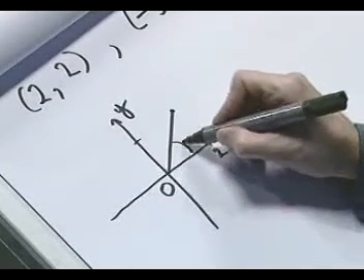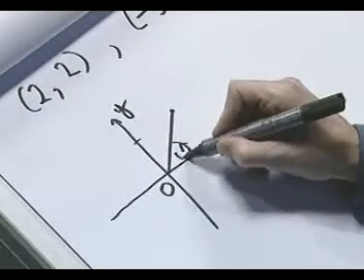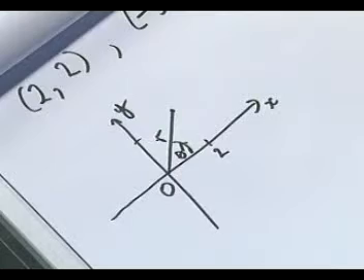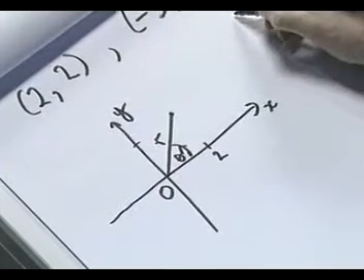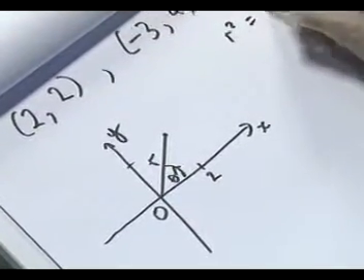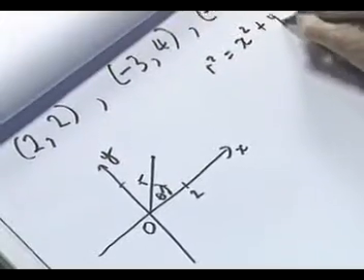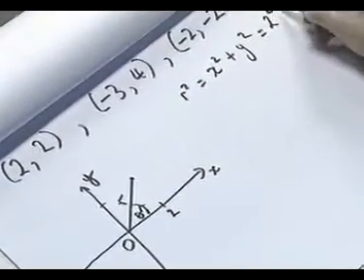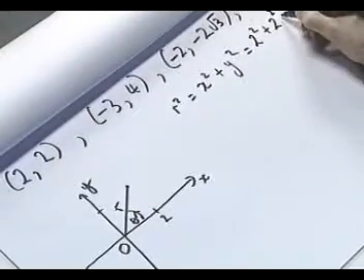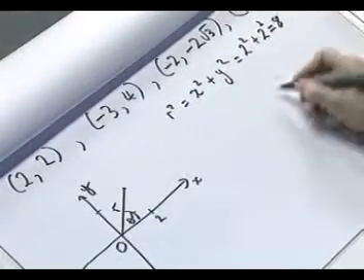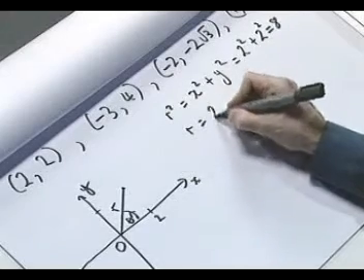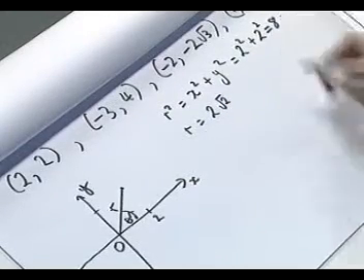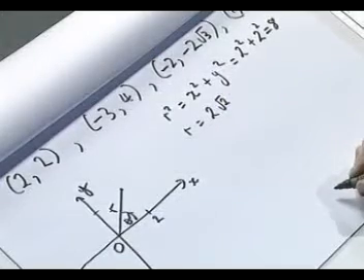And what we want to calculate is what's that angle there and what's that radius there. Well, r squared is equal to x squared plus y squared. So that's 2 squared plus 2 squared gives us 8. And so r is equal to 2 root 2 when we take the square root of 8.